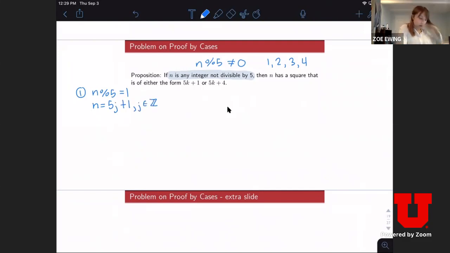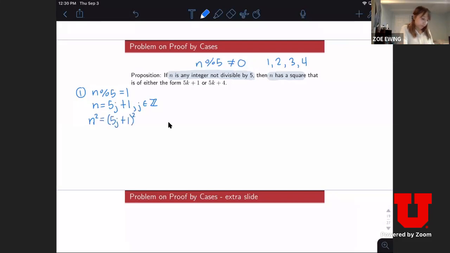Does that make sense, how we moved it from the mod to the division notation? Okay. So now the next part is that n has a square that is of one of these 2 forms, which gives us a clue that we need to square this. We can just do that by substitution.